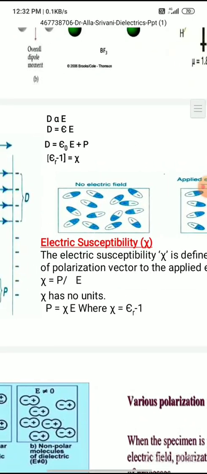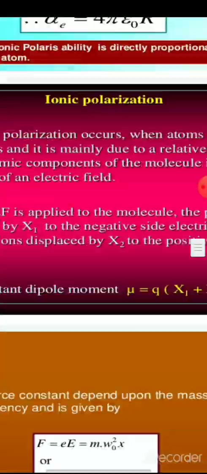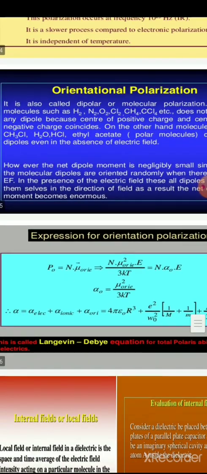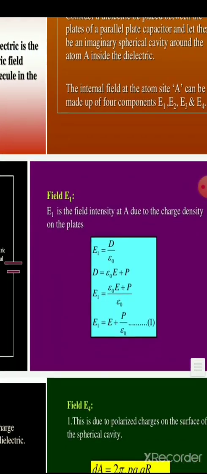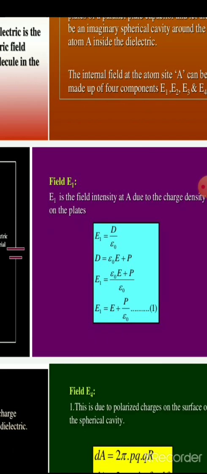See here, D equals epsilon naught E plus P. From this we have taken that equation. E1 equals epsilon naught E plus P by epsilon naught. Substitute that D in that place, so we get this equation. Taking epsilon naught common, we get E plus P by epsilon naught.